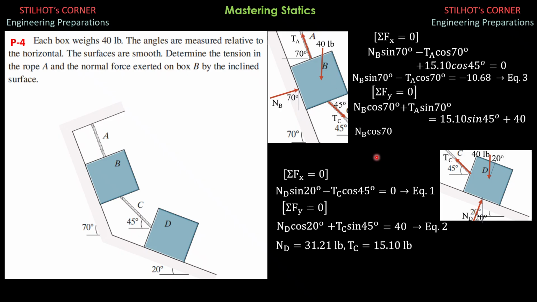Simplifying, NB cosine of 70 degrees plus T sub A sine 70 degrees equals 50.68, and call that equation 4. Solving equations 3 and 4 simultaneously, we get NB 7.298 pounds and tension A 51.28 pounds. So that's it for this problem.